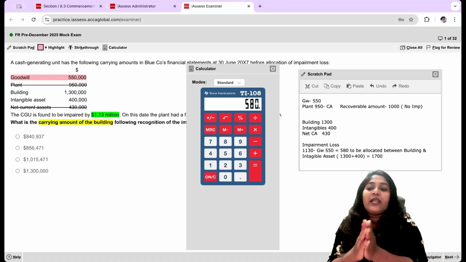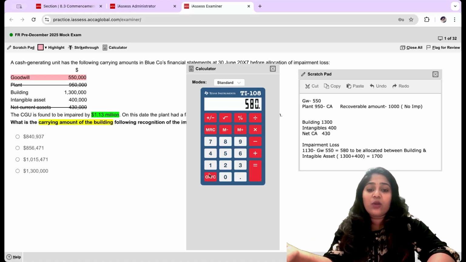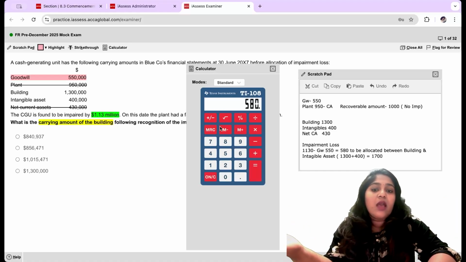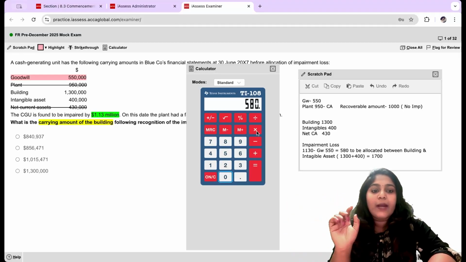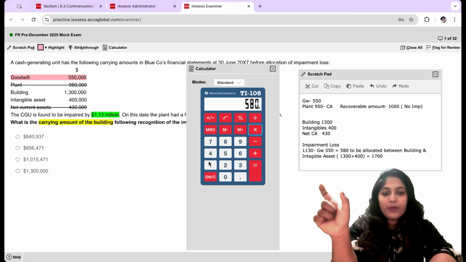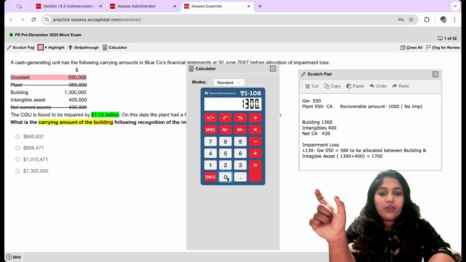Now do not waste your time. All we need to know is building. If I know what is the impairment loss on building, it is quite easy for me. So how do we allocate? 580 is the impairment loss that I have to allocate, multiplied by the proportion of building out of the total value of 1.7 million.